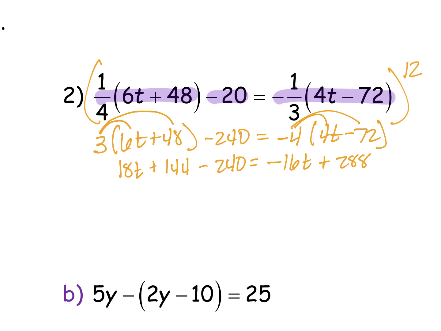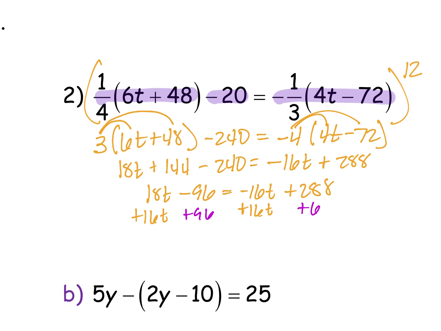Okay, so then I think this is 18t minus 96. It's minus 96, right? Yeah. Equals negative 16t plus 288. So I'm going to add 16t to both sides. And then I'm going to add 96 to both sides, right?